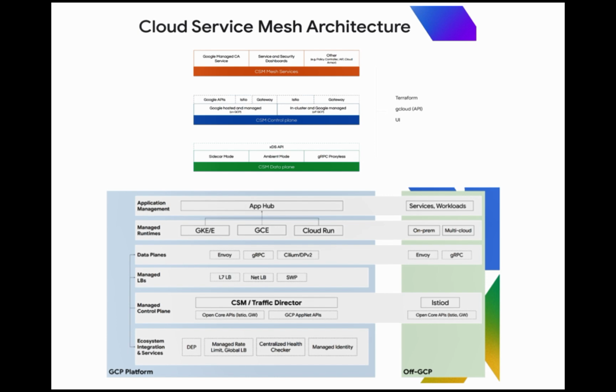The data plane implementation is simple. The Envoy proxy for Istio based applications. You have this proxyless option as well for gRPC. DPV2 has come from Traffic Director. So don't worry much about these things. These are just implementation types. As an implementer, you would just need to choose whether you're going with your Envoy type or the proxyless gRPC.